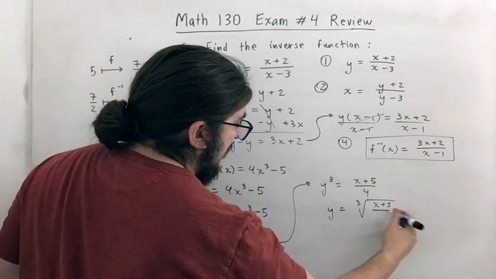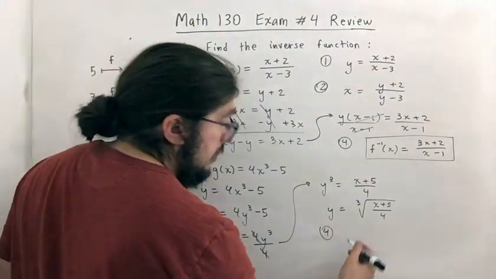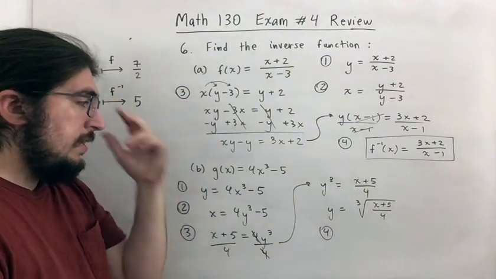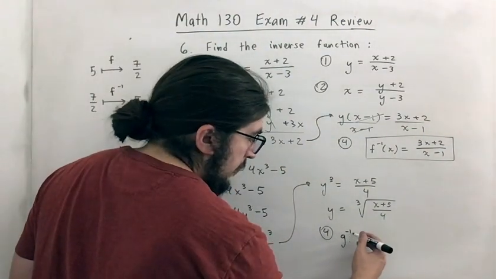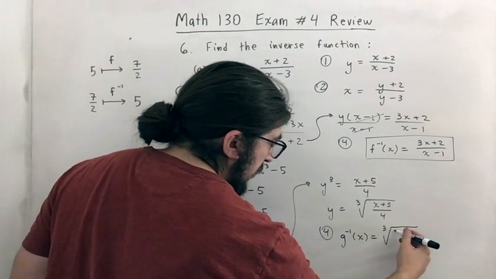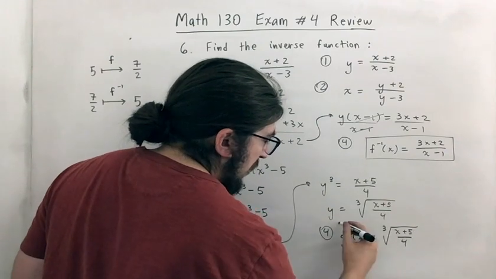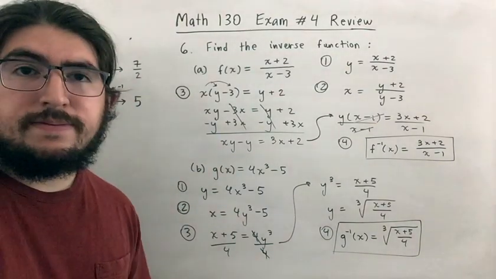The last and final step here, step 4, is to replace y back with the inverse notation. Here it was f inverse because we had f. So here, because we have g of x, it's going to be g inverse of x. Okay? G inverse of x is the cube root of that quantity, x plus 5 all over 4. Fantastic. Now we can move on to number 7.